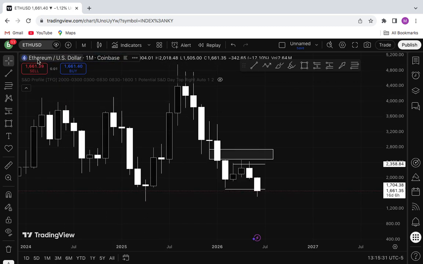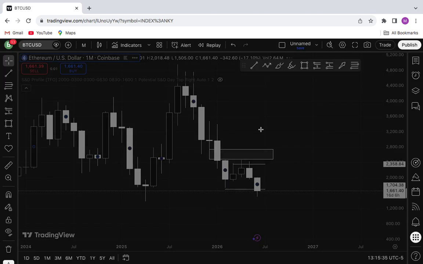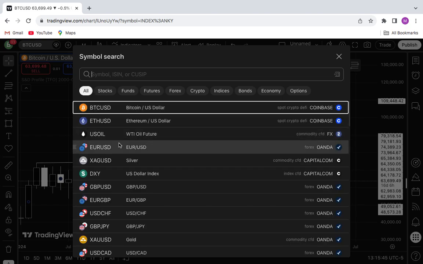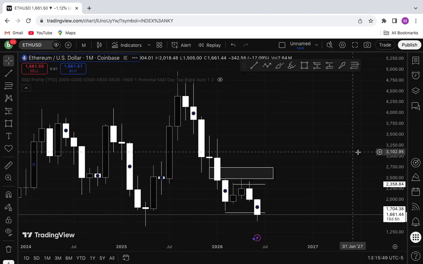But now let's go back to BTC, so you can understand what I was saying. On BTC, you see BTC took out its fair value gap. BTC tapped on the fair value gap, but Ethereum never tapped. You see, that's ETH USD, never tapping on the fair value gap.